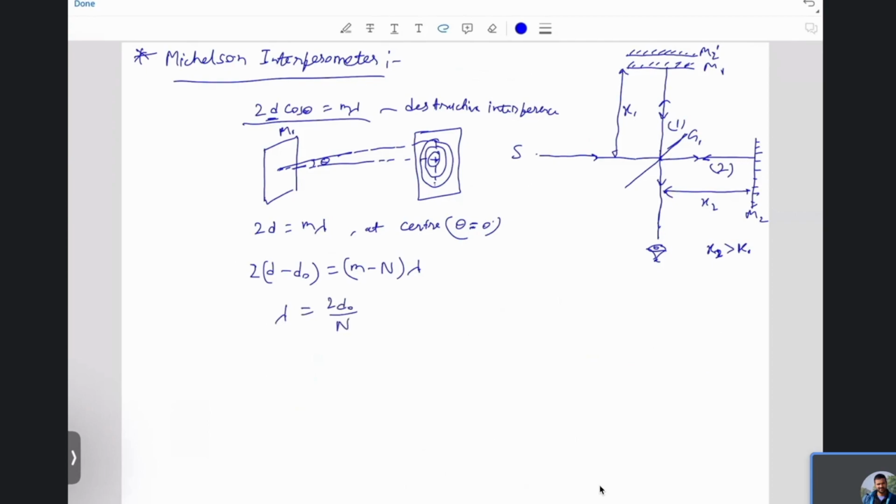This says that if you move the distance between the two mirrors by d naught, n number of rings or fringes will appear or disappear. So this is also a very interesting result, and I will use that in our problems.